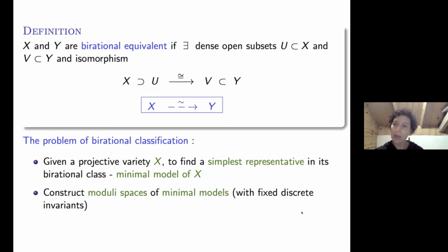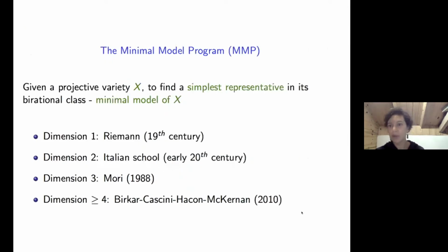I will not address the second part, the construction of moduli spaces, in this talk, but I would like to say a few words about finding a minimal model. This is what we call the minimal model program in algebraic geometry. The goal of the minimal model program is, given a projective variety, to find a simplest representative in its birational class. In dimension 1, as I said, there's not much to do for Riemann surfaces. This was the work of Riemann in the 19th century.